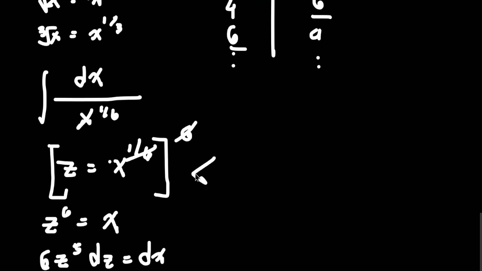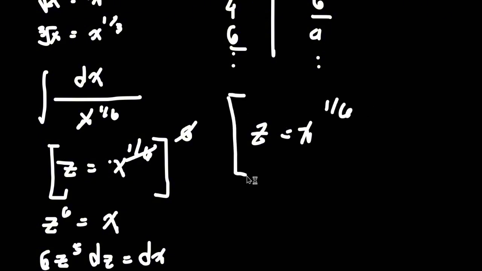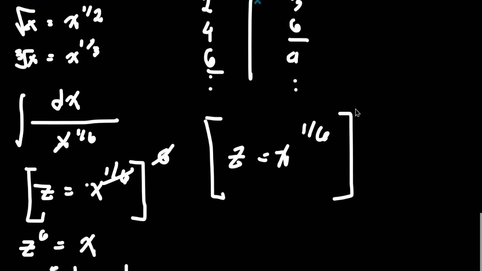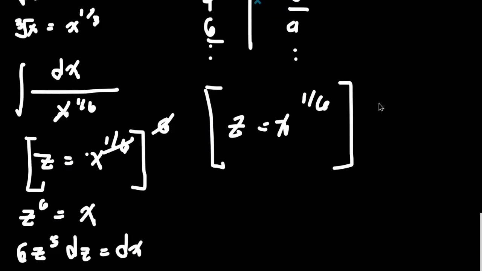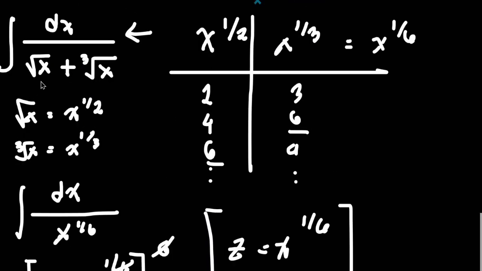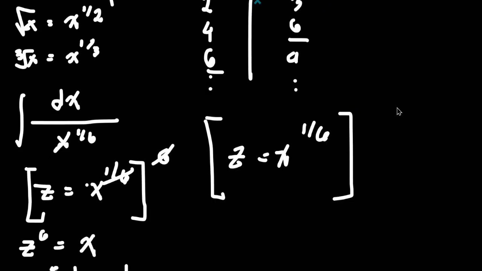Okay, from this, I will use z is equal to x raised to 1 over 6, since that is our LCD. And I would multiply this by 2 or 3, since that is the closest number from here, to get the cube root of x.